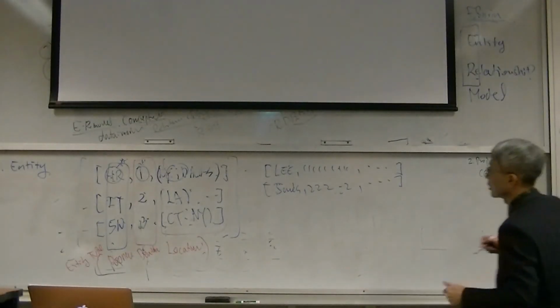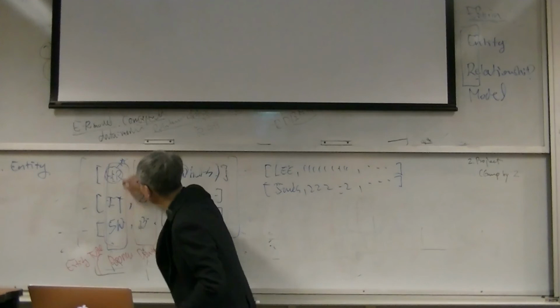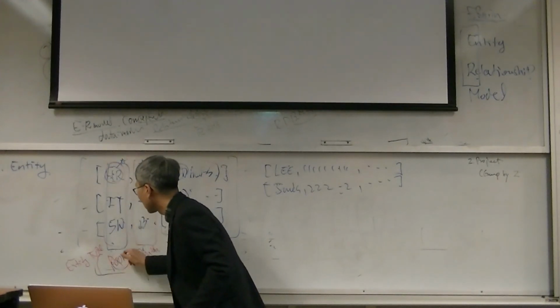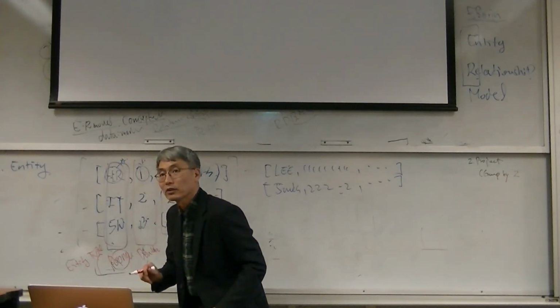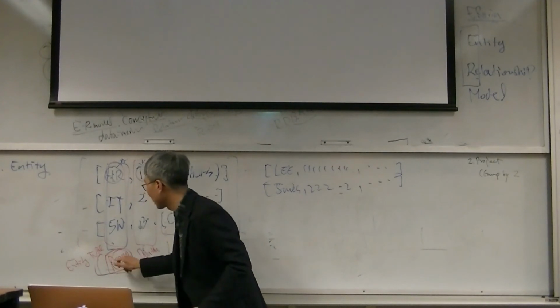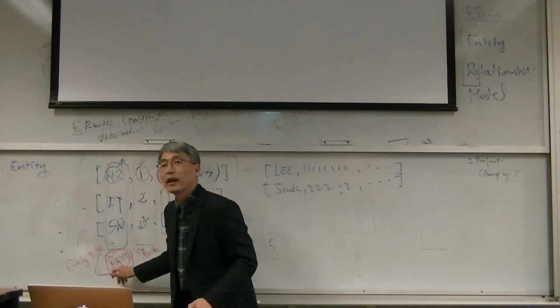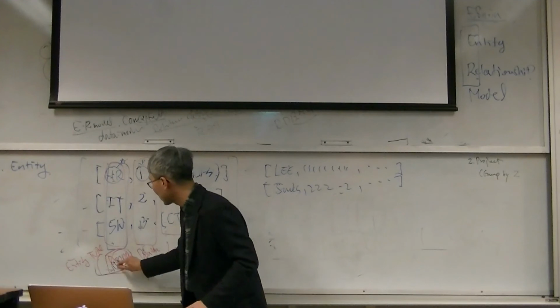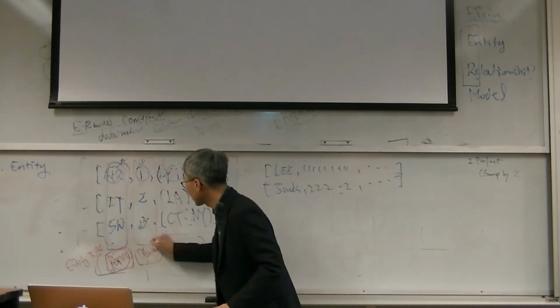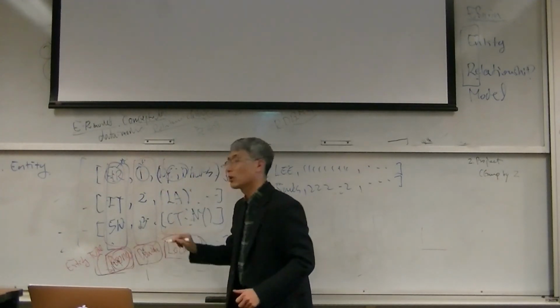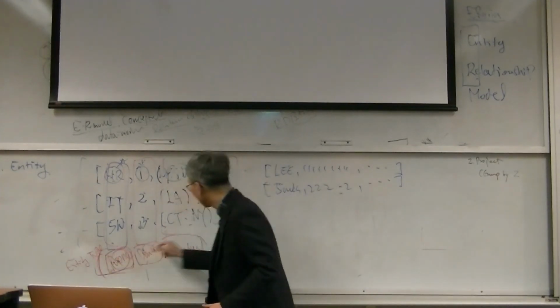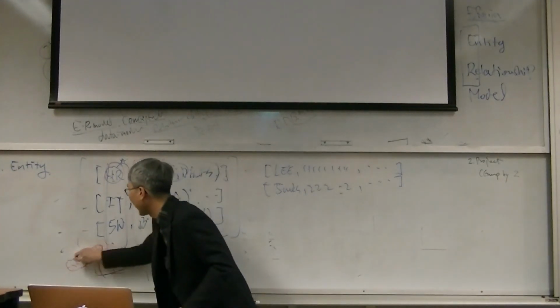Similarly, the first attribute represents department name. So we can create the data type attribute that is the department name. This is the department number. This is the location. Then by grouping, this is called the entity type.